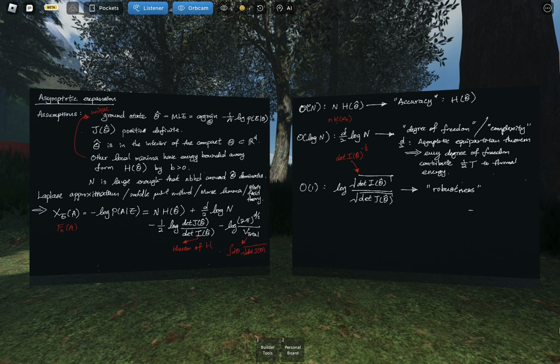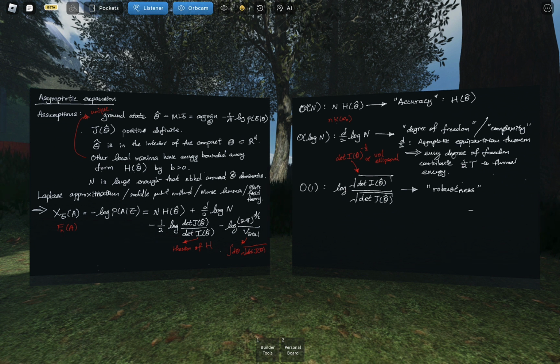Well, there's a more lowbrow way of saying it, which is that locally something is expanded as lambda 1 x1 squared plus ... lambda n xn squared, and the lambdas are the eigenvalues. So this is 1 over the square root of that product. So the more curved it is, the higher the lambda, the smaller this number. The flatter it is, the smaller the lambda, the larger this number. Yeah. The volume of the ellipsoid.